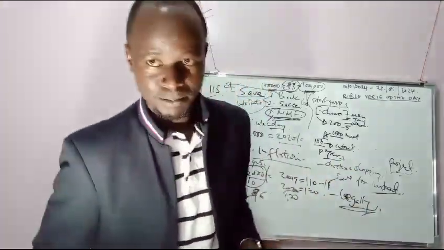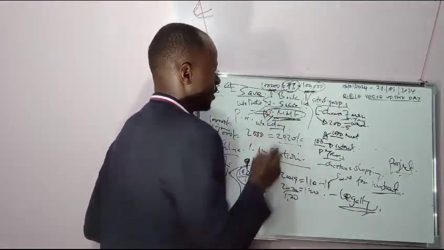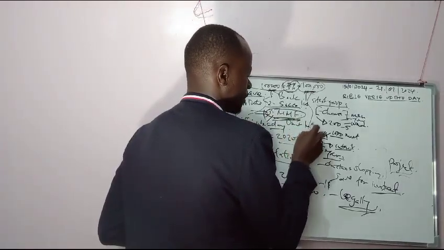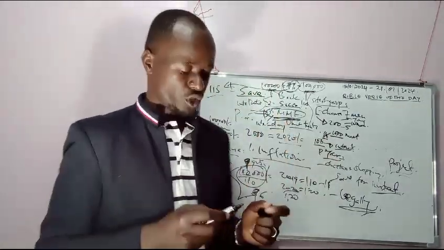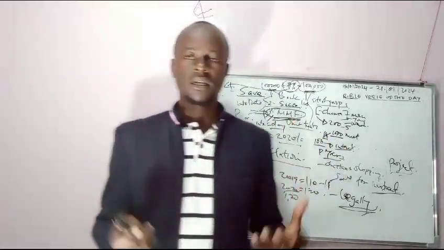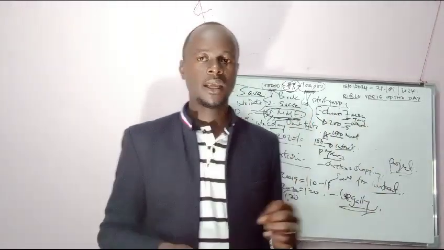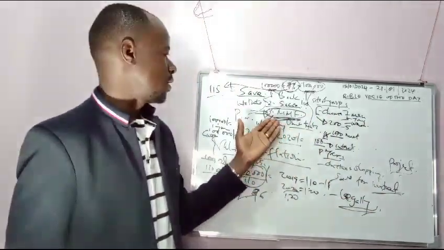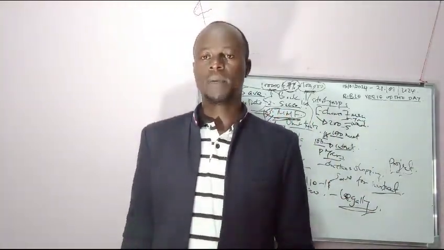So the best route to go is using a money market fund, or what we call unit trusts. You will need to get to know what a unit trust is, or what a money market fund is, and what companies are offering it, which are legitimate and not just existing, so that you can be able to trust them with your money.